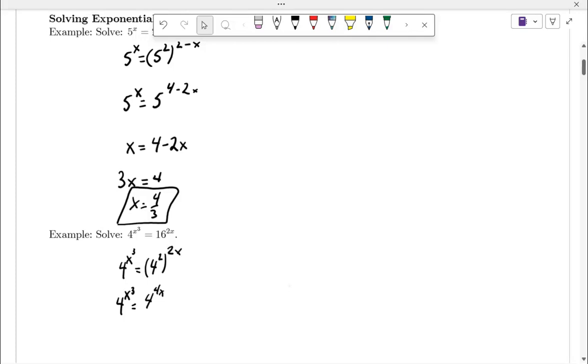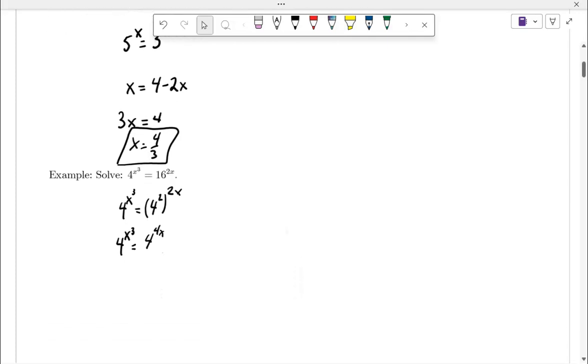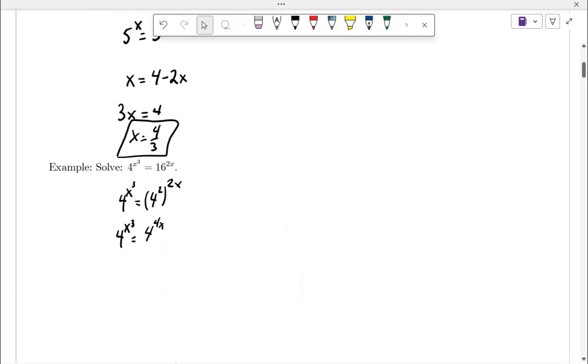And now that you have the same base on both sides, what can you do? So the exponent's equal, right? So now we have x cubed equals 4x. Be careful. What's tempting to do? Look, dividing by x is pretty tempting, right? Don't do it. You'll lose the solution.